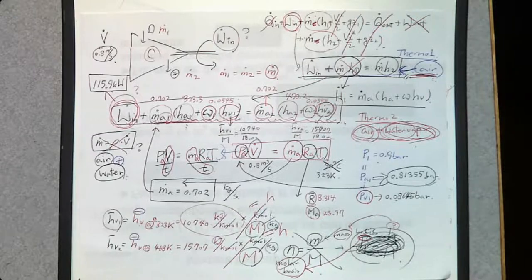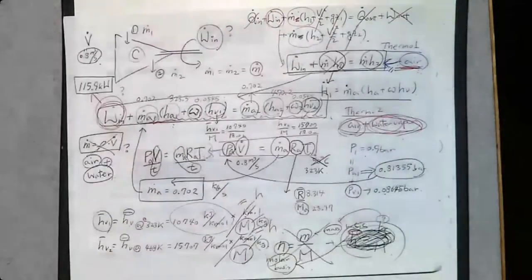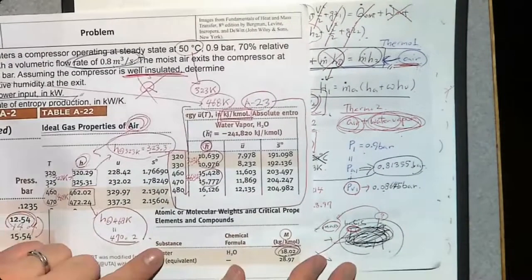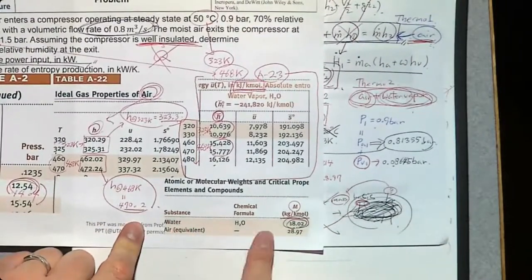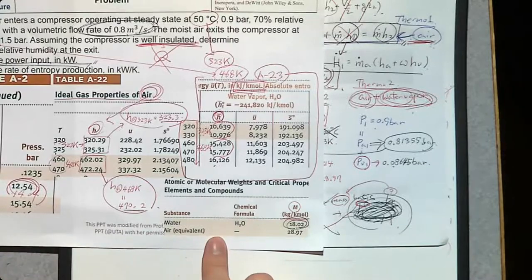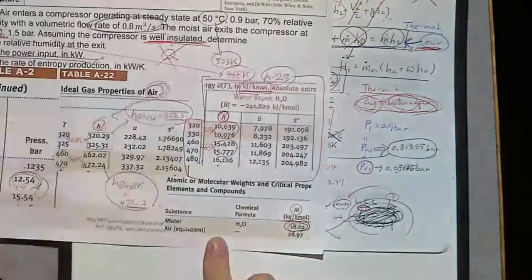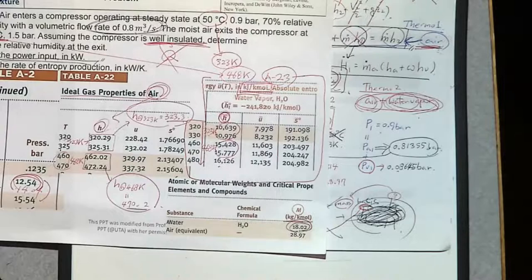Rather than giving you the entire table, I may give you this small table that you can find the molecular weight directly for water and air rather than find this value from the entire table. So I will do my best to minimize the time.